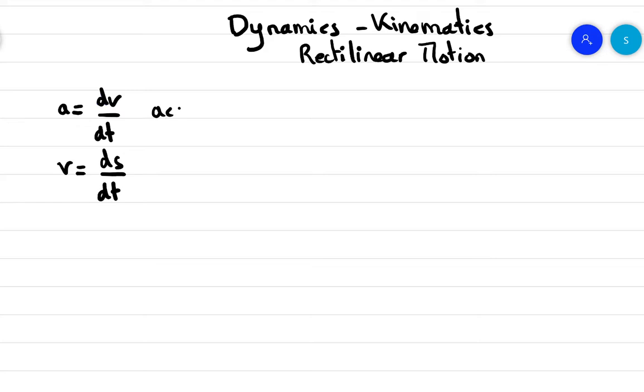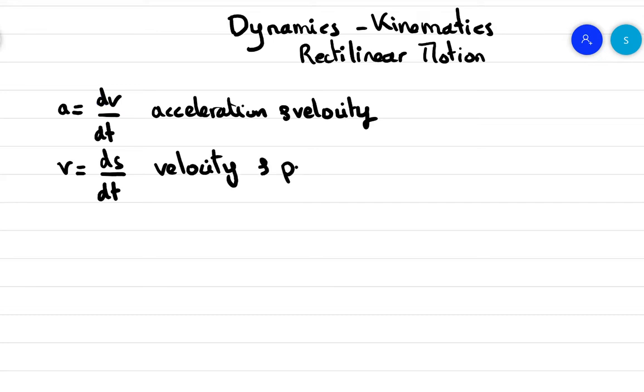This one is between acceleration and velocity, and the second one is between velocity and position. And remember that each of them is a vector, two dimensions for displacements in 2D and three-dimensional displacement in 3D.